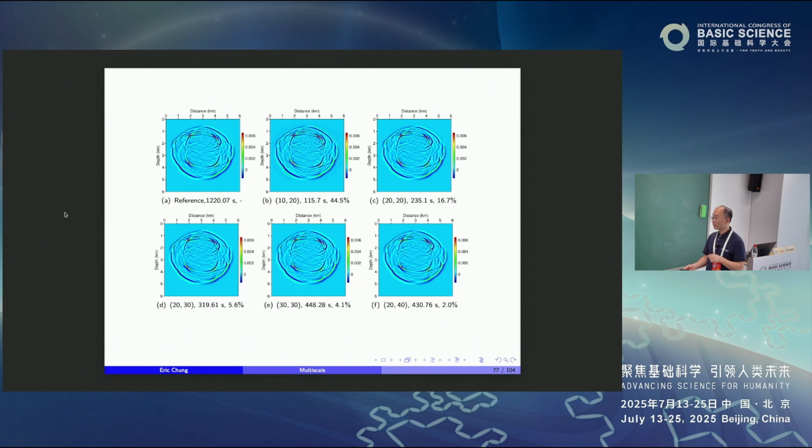Also keep in mind that we use much fewer unknowns. If you look at the time needed to compute this solution, on the other hand, if you look at this case over here, the time is basically 1/4 of the time that you need from the original scheme.